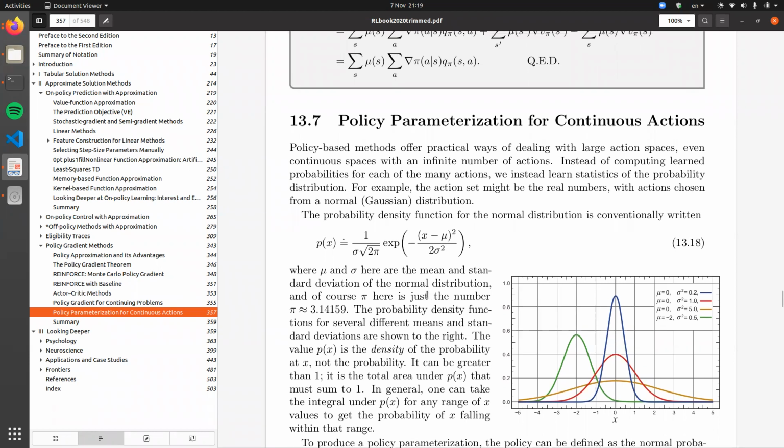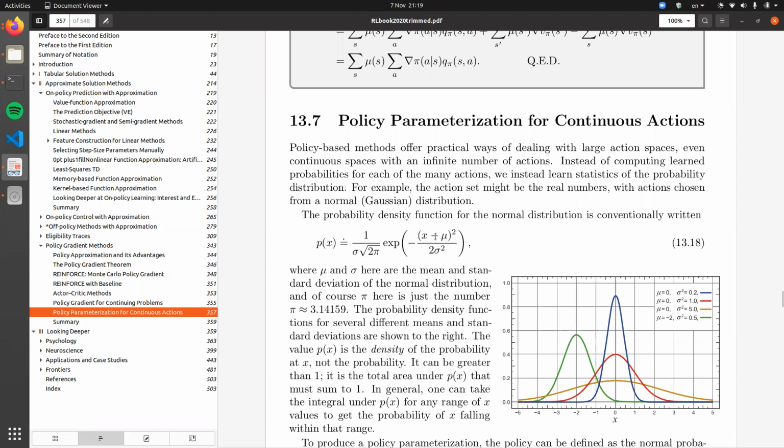What we can do with a parameterized policy is output the parameterization of some distribution as the output of our function approximator.